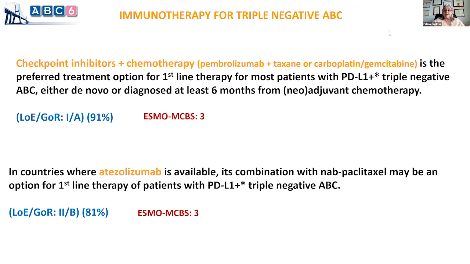There is another agent called atezolizumab that has more conflicting data, with 1 sort of positive and 1 negative trial. So it's not that we are against its use, but if you have access to both, the results with pembrolizumab are stronger.